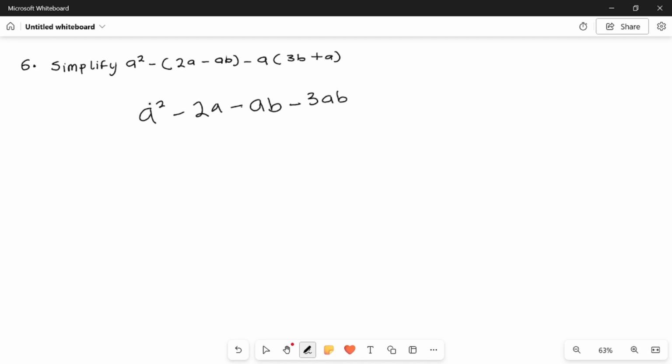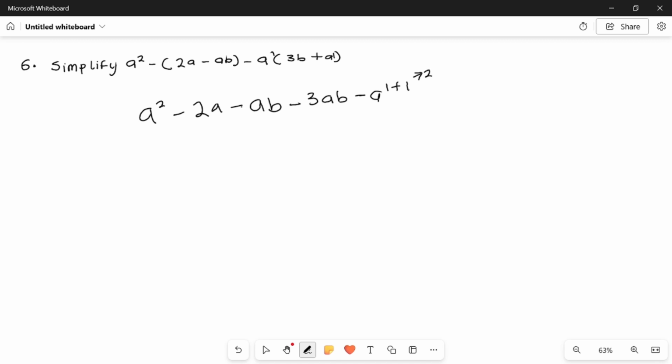But for this now, a minus a times plus a, first of all, minus times plus will give us minus. Then a times a, here a is raised to power 1, here a is raised to power 1. So a times a is simply a raised to power 1 plus 1, which is 2.